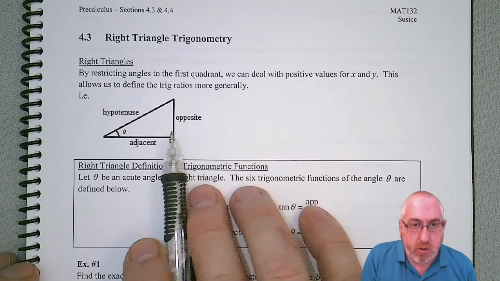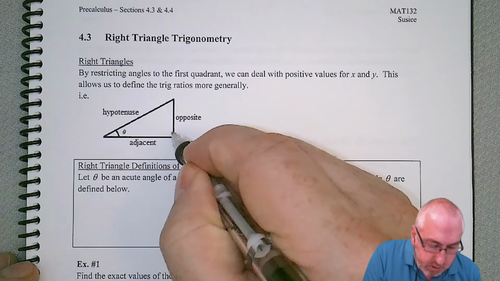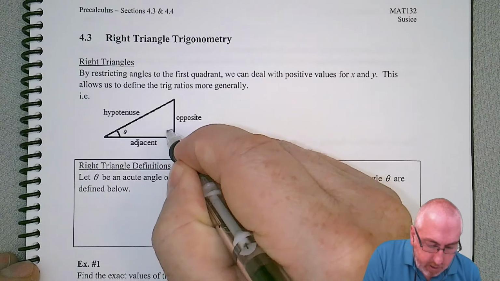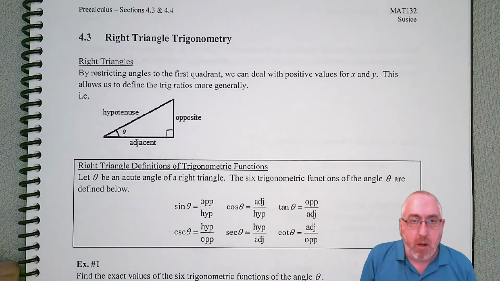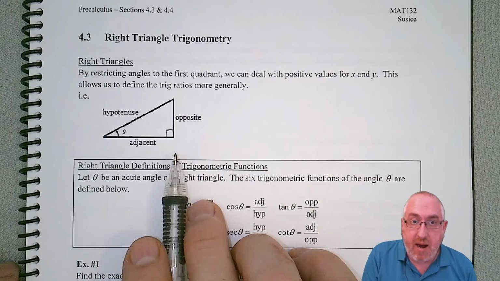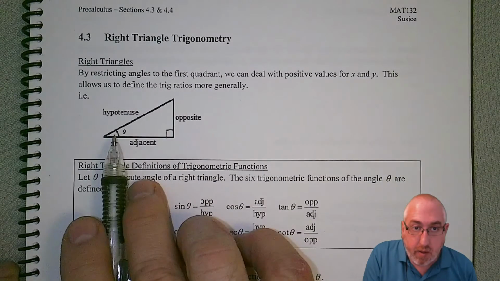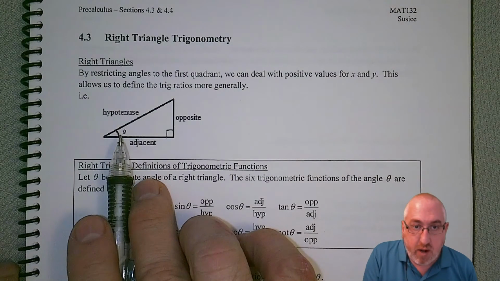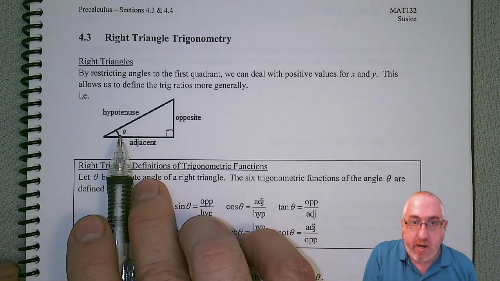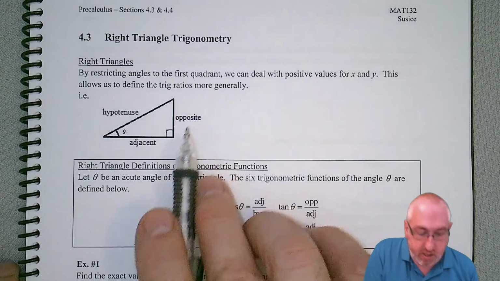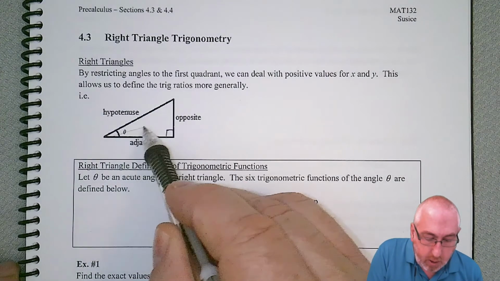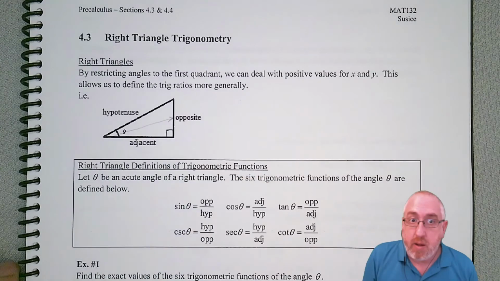So if we created a right triangle, which is not indicated currently, but if we put a little square there, that'll do it. We can now identify the sides in relationship to one of the angles. In this case, if our angle down here is theta, we can identify the sides as follows. We have the opposite side, which is straight out and away from the angle itself.